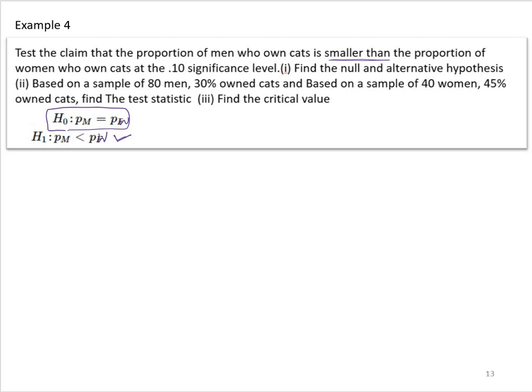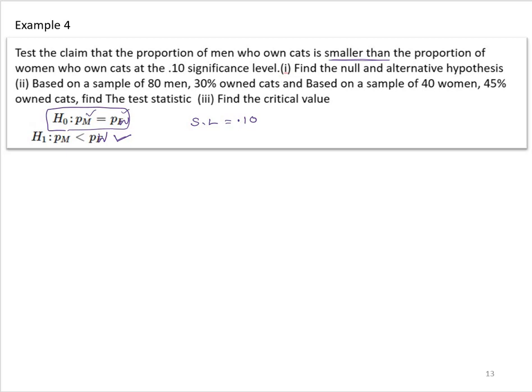Okay, now the significance level is given. So the significance level is equal to 0.10. Find the null and alternative hypotheses. So the null hypothesis H0, we always take it as P1 equal to P2. That's why PM is equal to PW, the proportion of men equal to women.